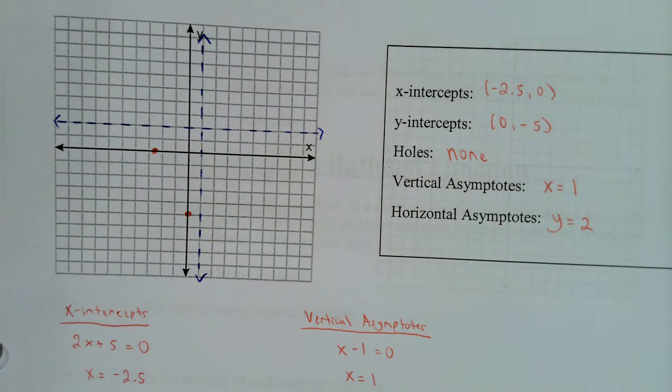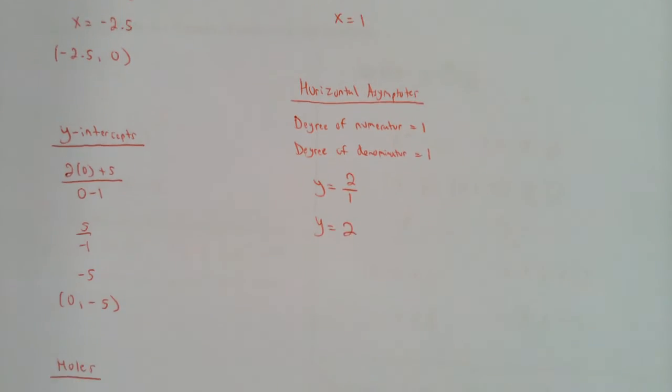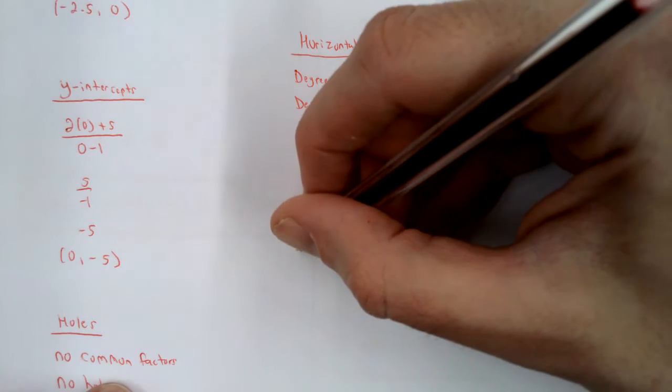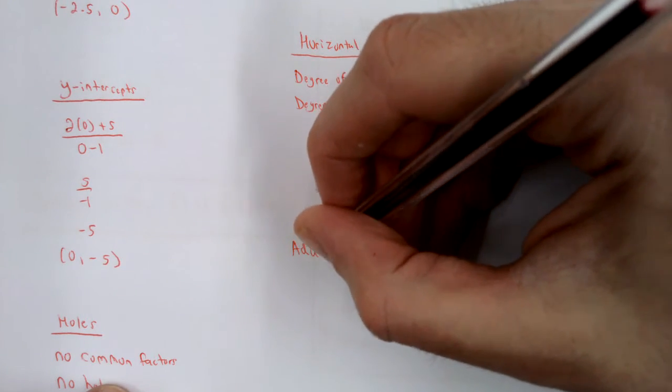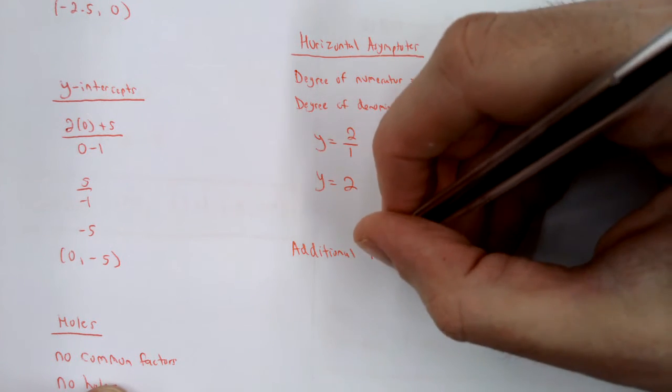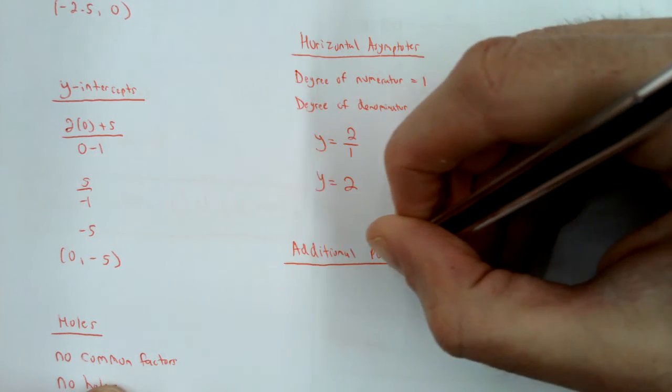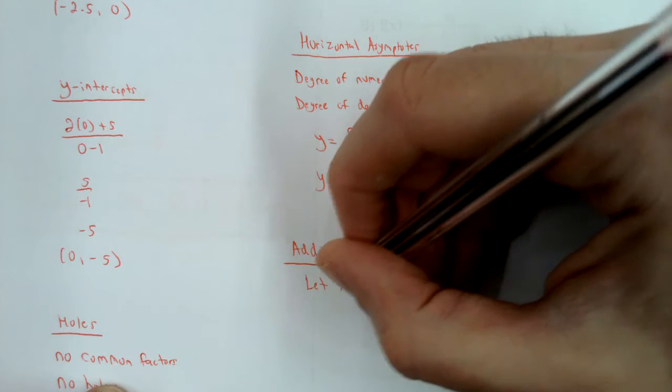Now we're going to need some additional points, because this is not good enough. So I'm going to do a bunch of additional points. Let's start with x equals 8.